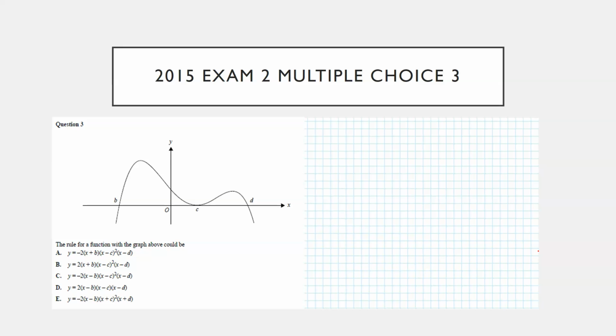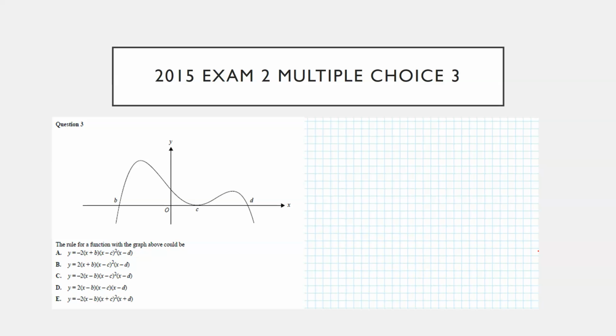Next up, we have the 2015 Exam 2 Multiple Choice Question 3. Now, this is a really classic type of question. We've been asked to find the rule for a function with the graph above. Now, there are many possible rules because we're not told what the y-intercept is. So we're just going to be using the information that we have.